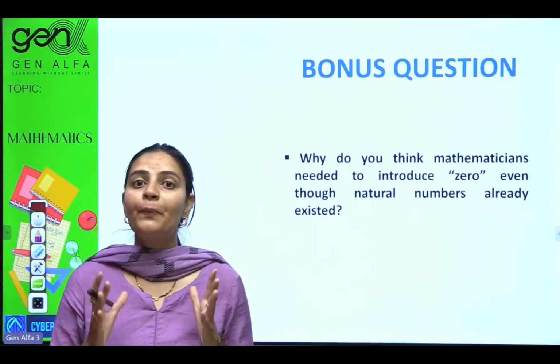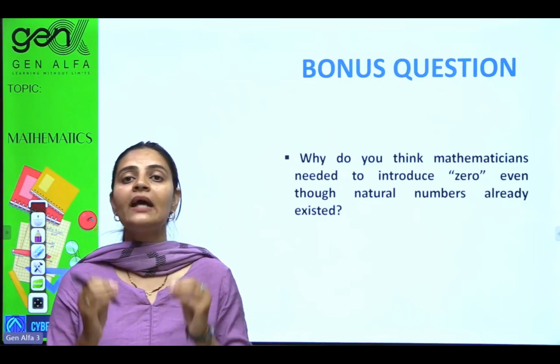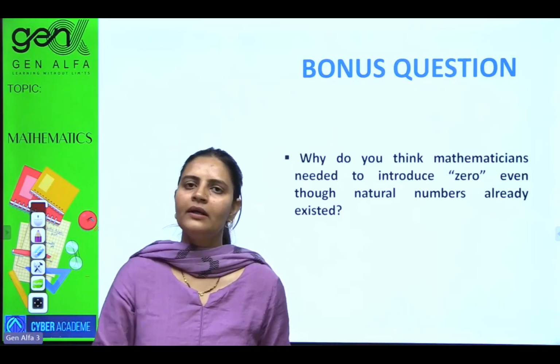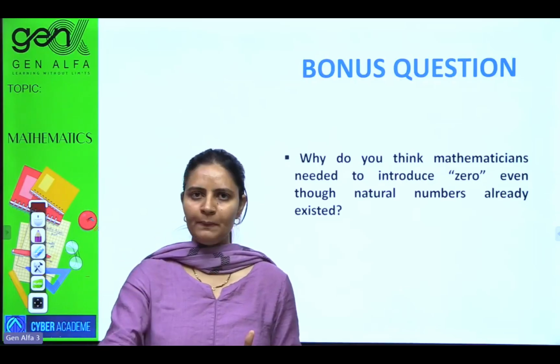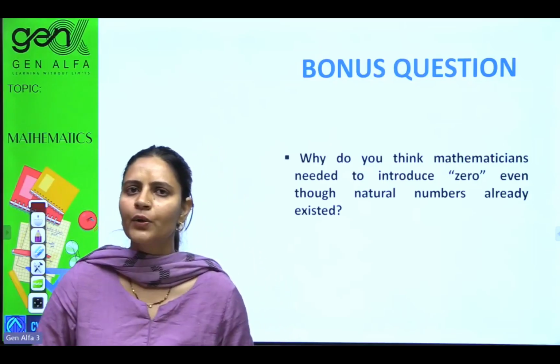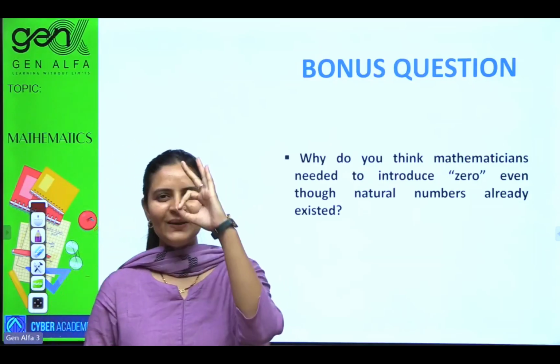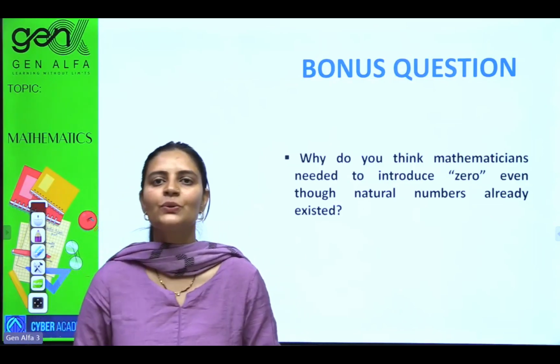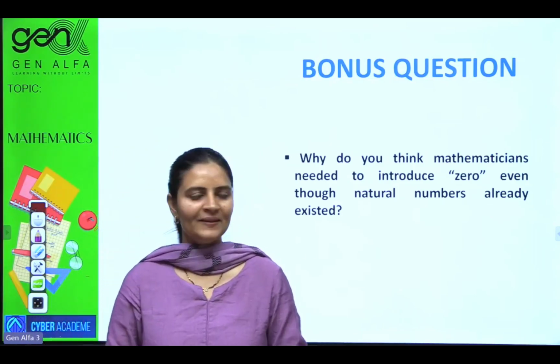So basically, it helped us to count appropriately. If there is one apple, number one. If there are two apples, number two. If there are three apples, number three. But what if there are no apples? Zero apples. So that was the need to introduce zero to count appropriately.